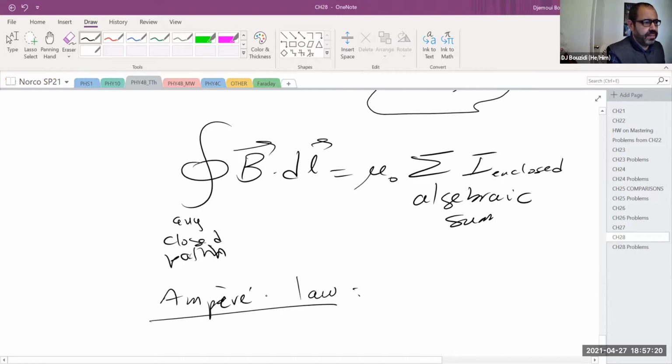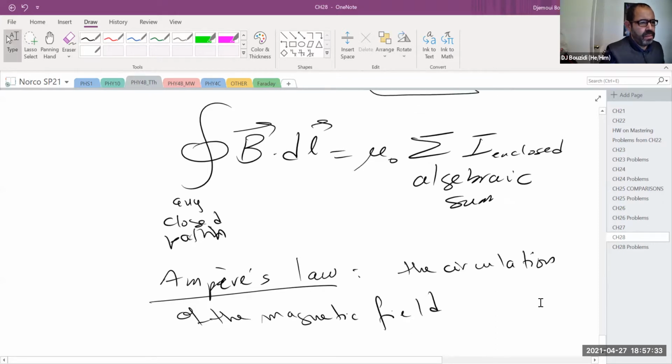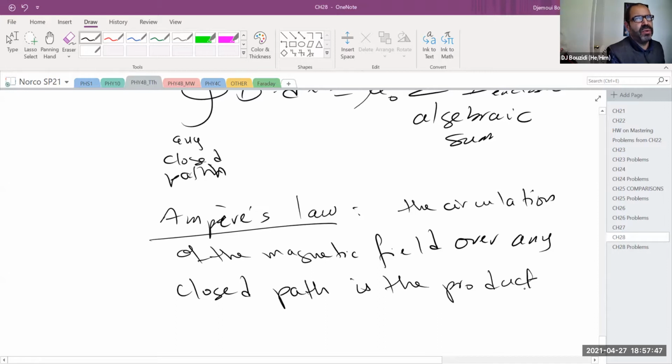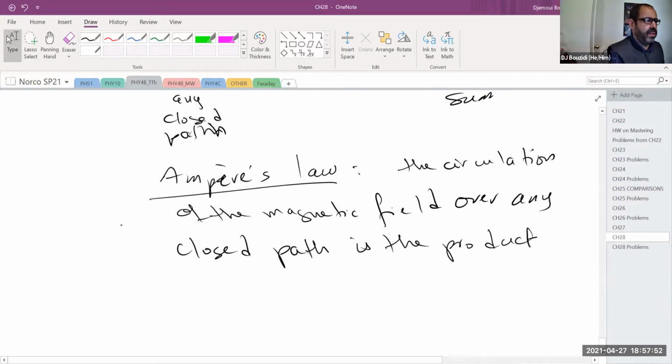So Ampere's law says that the circulation of the magnetic field over any closed path is the product, and don't forget that mu naught, please, in the calculation, it's very important, of the permeability in vacuum.